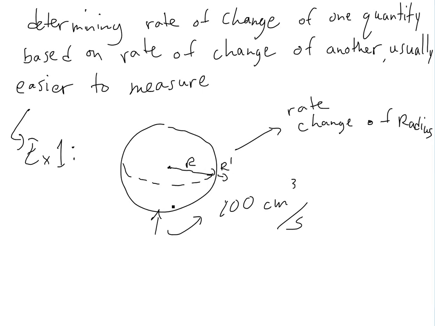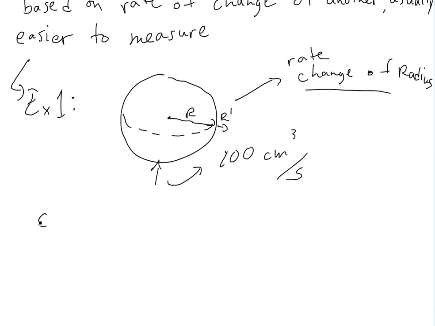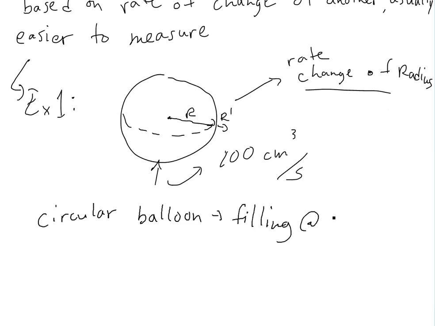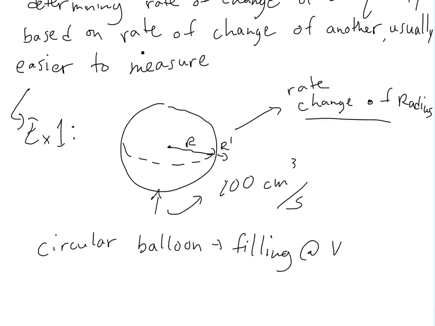So now let's say you wanted to know what the radius is changing at. Rate of change is just derivatives, because that's all a derivative is, a rate of change.